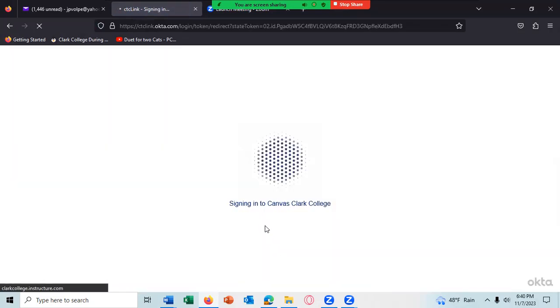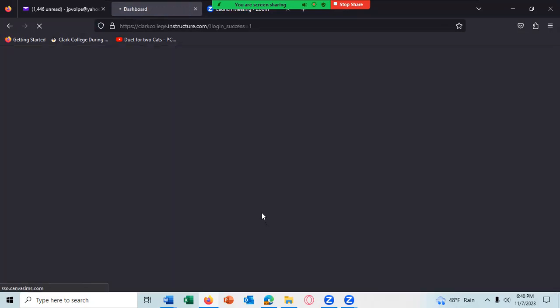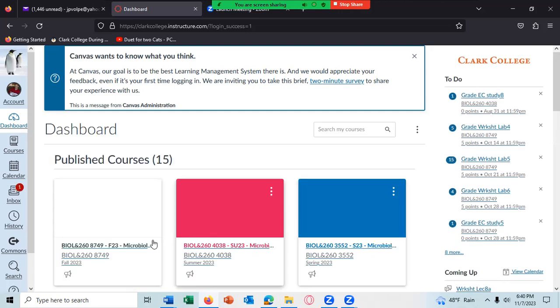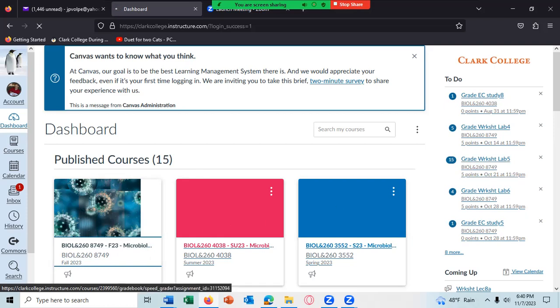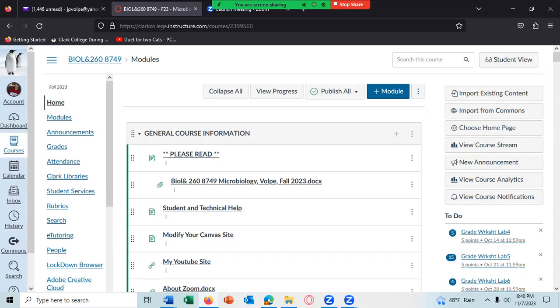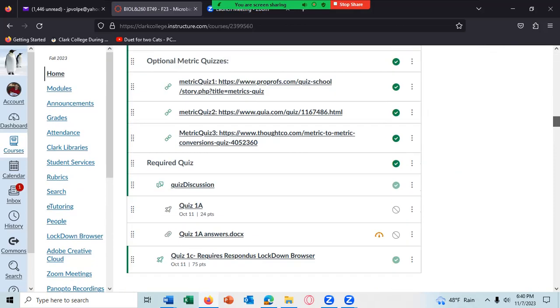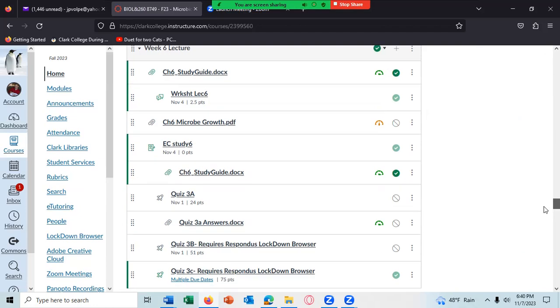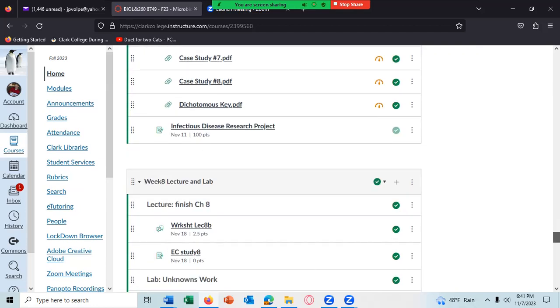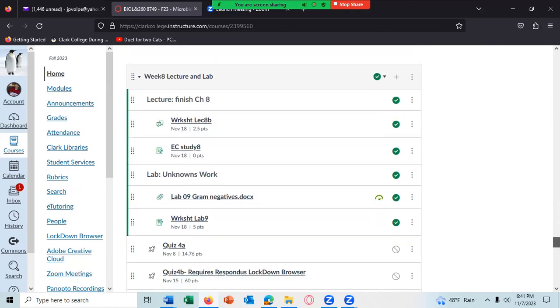And then there's one lab where all the case studies are in the lab module. And I don't remember which one this is. My computer is a bit slow because it's still making the Zoom file for the lecture. I missed lab 8.